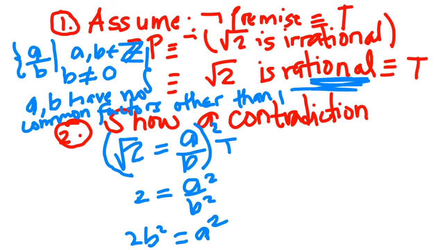And from this statement, because a squared is twice of a certain number, say if we let b squared be k, a squared is twice k, therefore I can conclude that a squared is even.